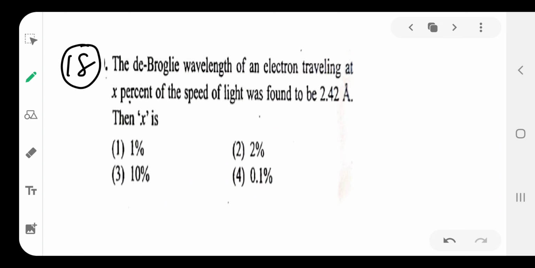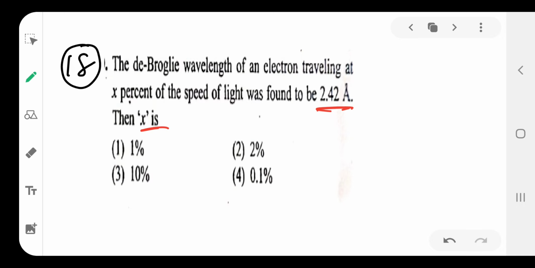The de Broglie wavelength of an electron traveling at x percentage of the speed of light was found to be 2.42 angstrom units. Then what is x? They have given the wavelength 2.42 angstrom, which is converted into meters.